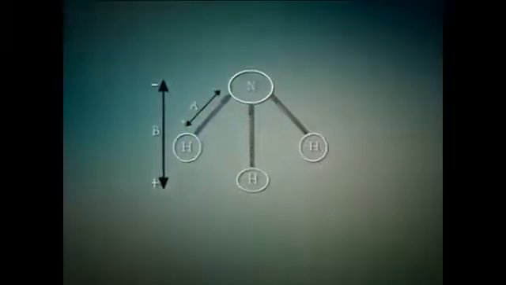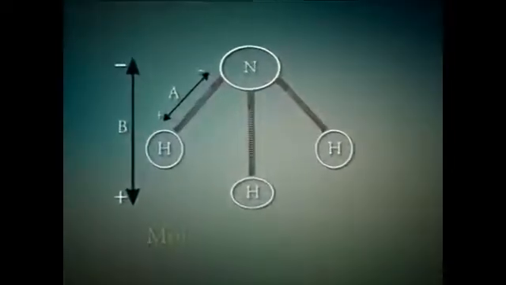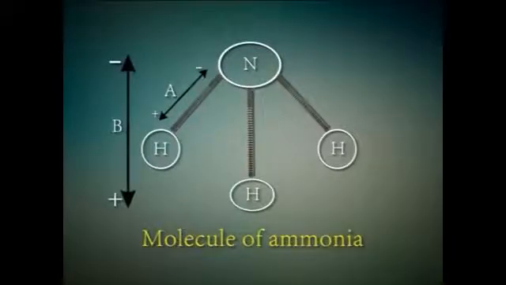The figure depicts some of these features for a molecule of ammonia. The forces that hold the molecule together arise from attraction between negatively charged electrons shared between the positively charged nuclei of the nitrogen and hydrogen atoms.